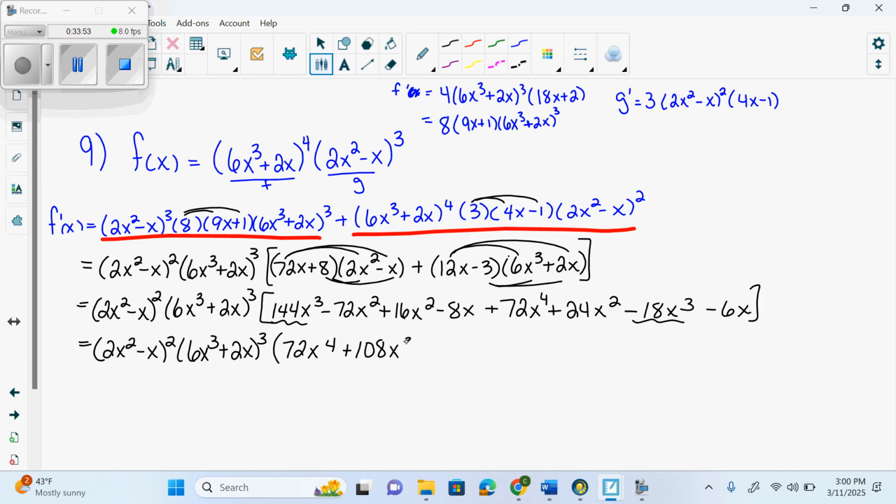Why did I write that? 216. I was like, yeah, 216. 144x. I want to get off the stage. Why is this cubed?